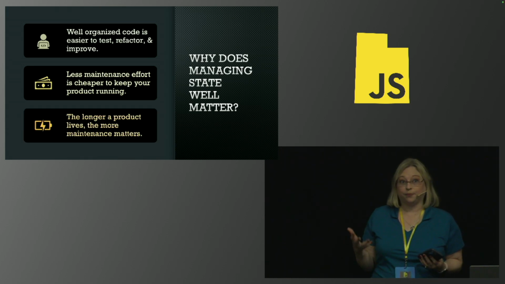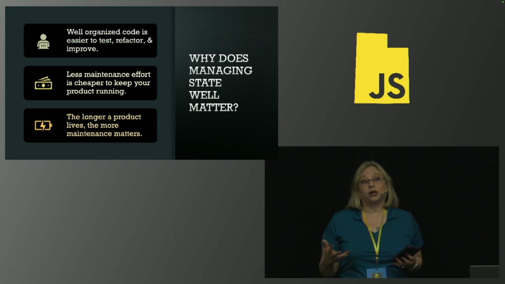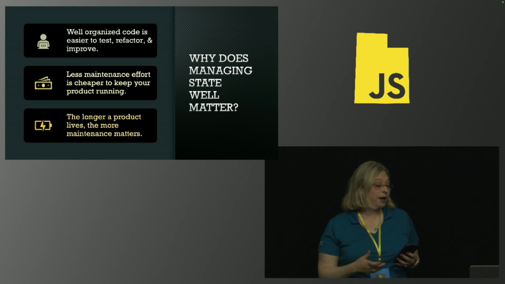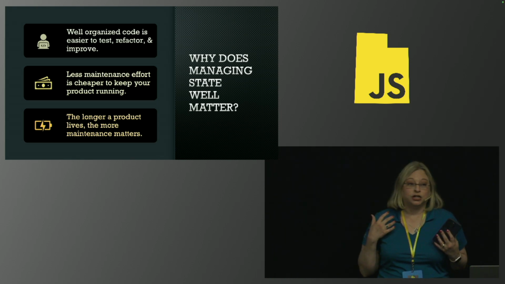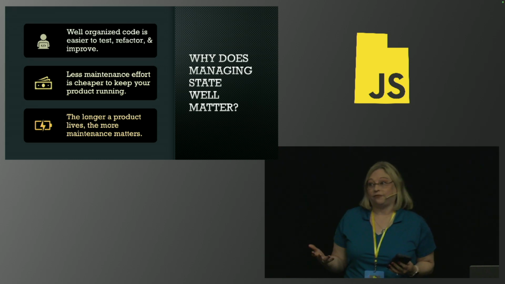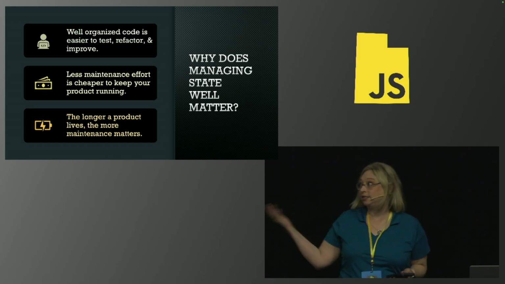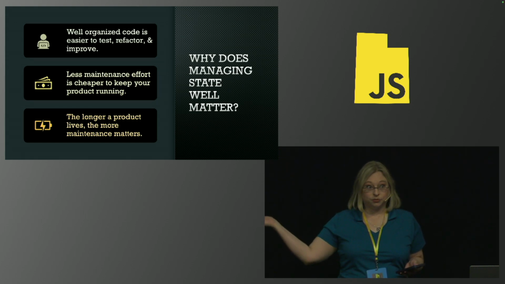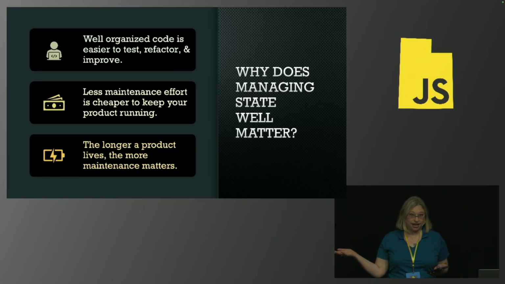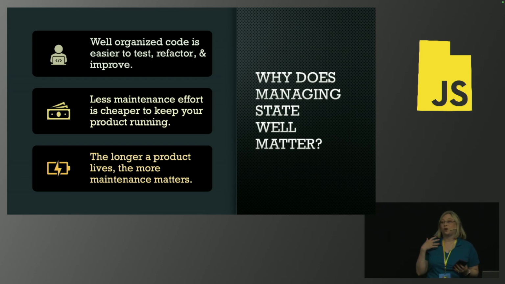The longer that product lives, the more it matters that you are well organized, that your code is readable, like we heard about earlier, that your code is well done, because it's cheaper to let it live. Or did we just code ourselves out of a job because our code is running smoothly? Let me promise you right now that the reward for a job well done is more work. There will be new ideas and new things to build, and you can go on to more fun, challenging projects.